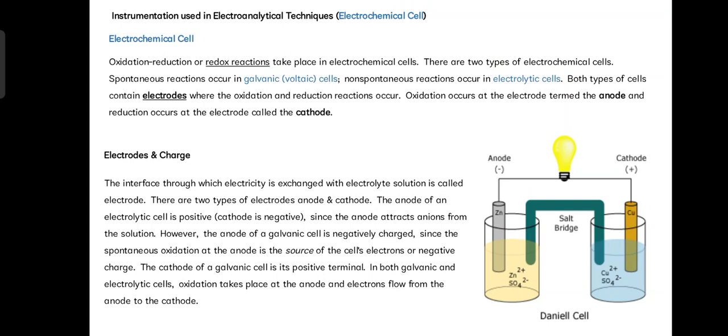Spontaneous oxidation occurs at the anode, and the cathode of a galvanic cell is its positive terminal. In both galvanic and electrolytic cells, oxidation takes place at the anode and reduction at the cathode.